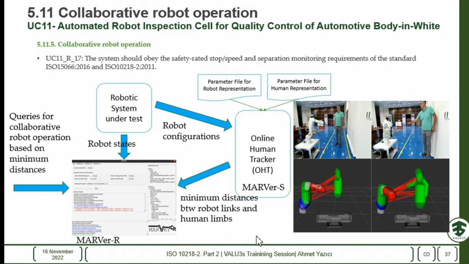So the minimum distance between robot limbs and human limbs is provided here. Depending on the requirements related to minimum distance, velocity, etc., the system also takes all the parameters under test, and then the system can trigger a safety-rated stop or speed and separation monitoring requirements of this standard.